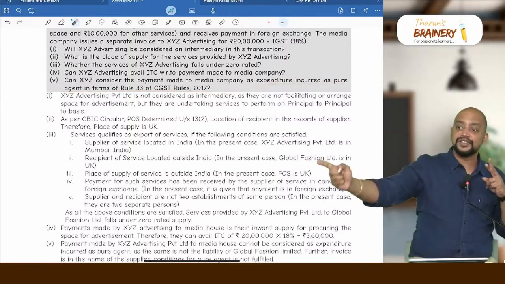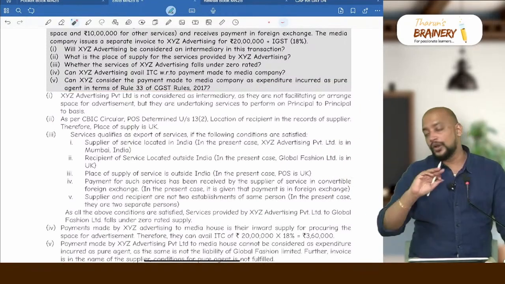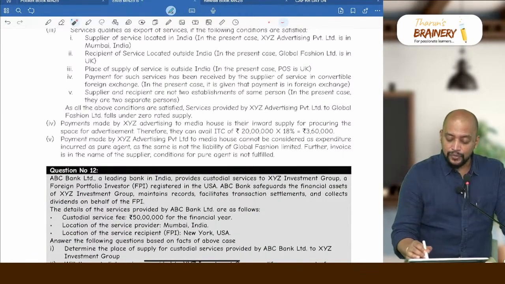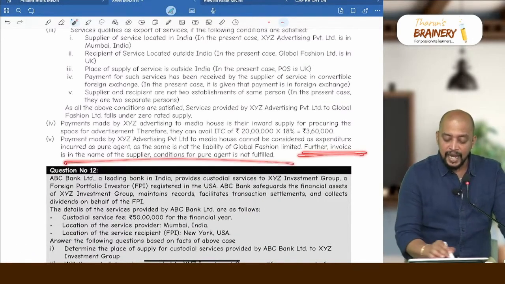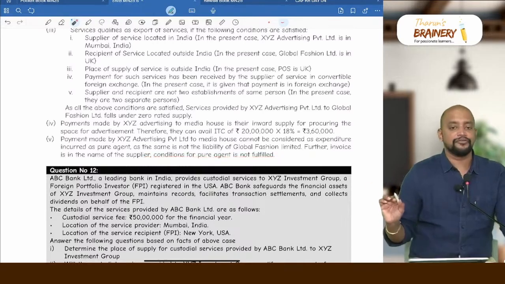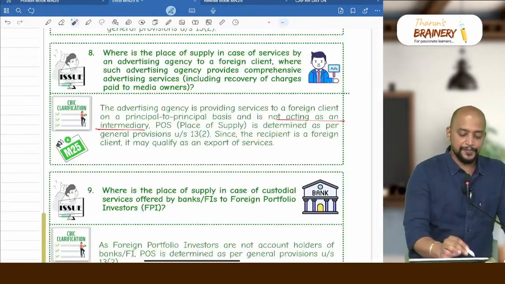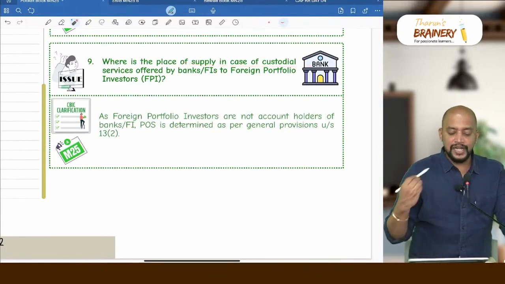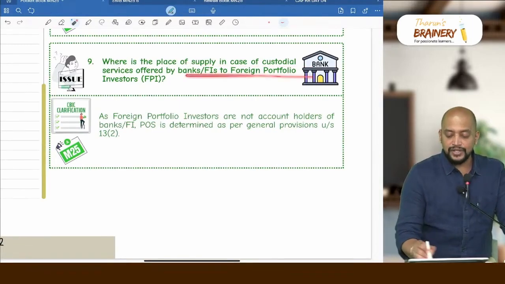So we are connecting place of supply with value of supply. No, cannot be considered. Why? Because the invoice is in the name of the supplier and conditions for pure agent are not fulfilled due to that reason.